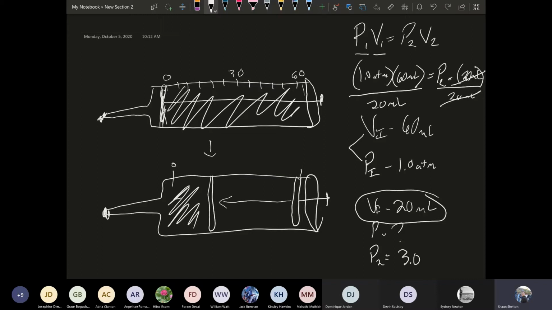So P2 is going to be 3 atmospheres. The pressure goes up by 3 times as you push down on the syringe. There is absolutely no way that you'll ever get the syringe's plunger all the way down to 0, especially if you have your thumb covering the other side.